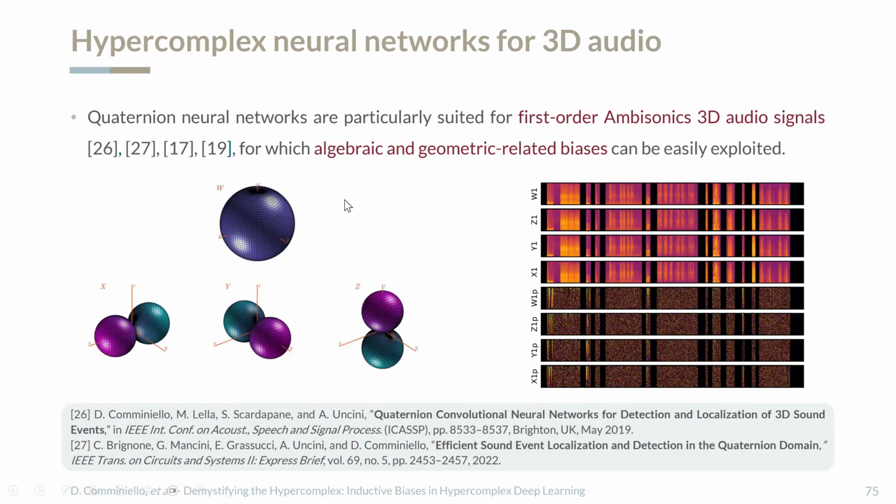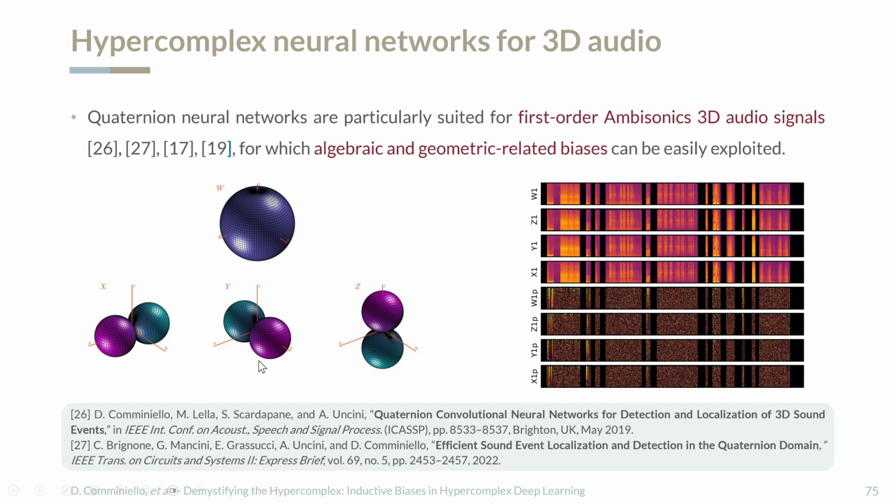We also use hypercomplex methods for 3D audio, for instance for first order ambisonic 3D audio signals. Ambisonic is a microphone recording technique in which we have one omnidirectional capsule, which measures the acoustic pressure, and three other capsules that measure the velocity.